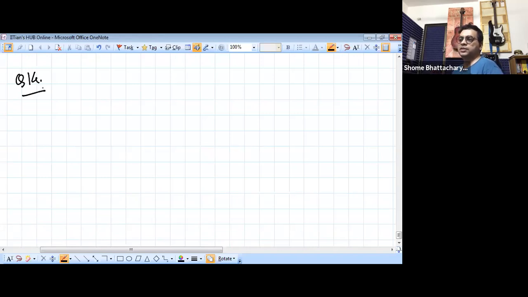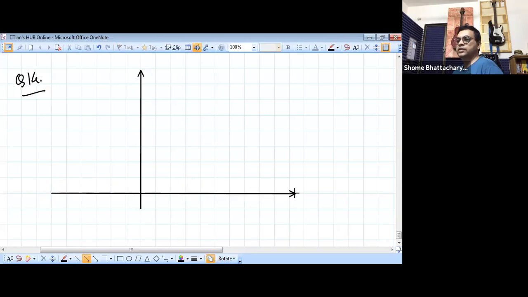Let me explain the question again. First of all, suppose these are my geographical directions. I've drawn my xy axis so that my positive x direction is the direction towards east, and my positive y direction is the direction towards north.